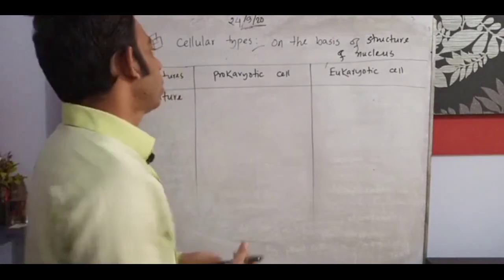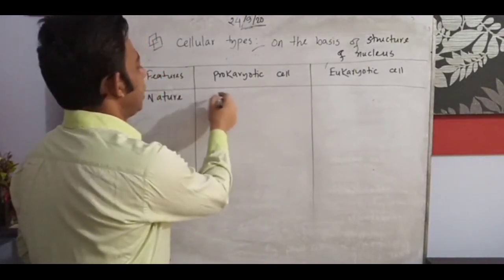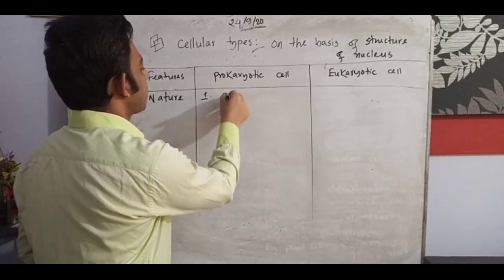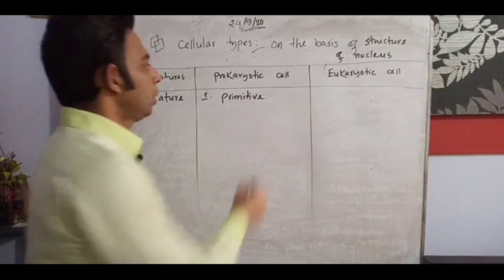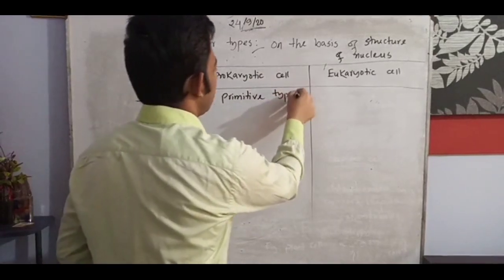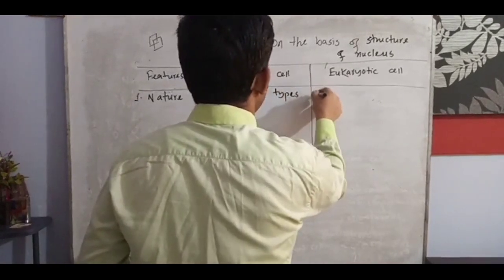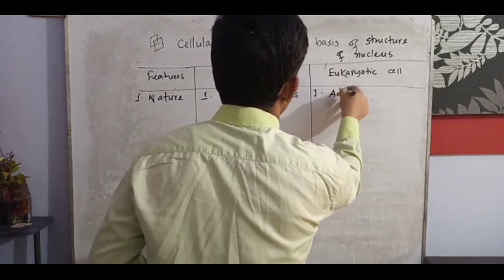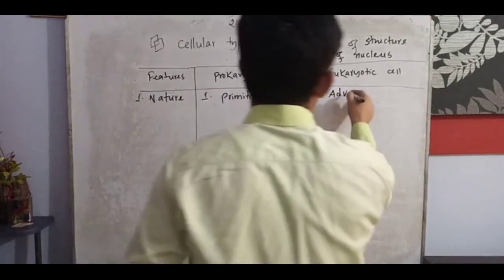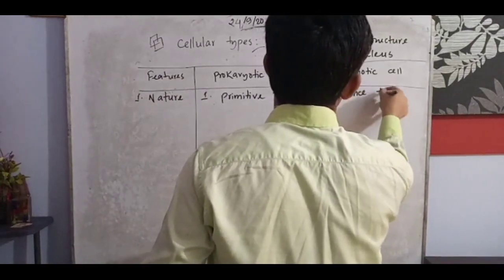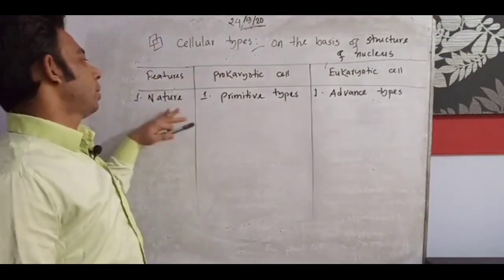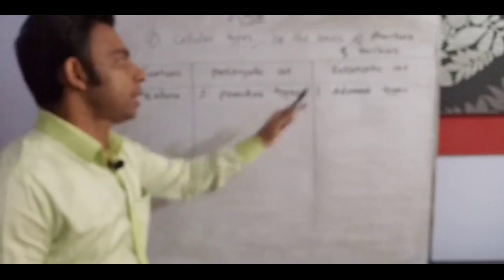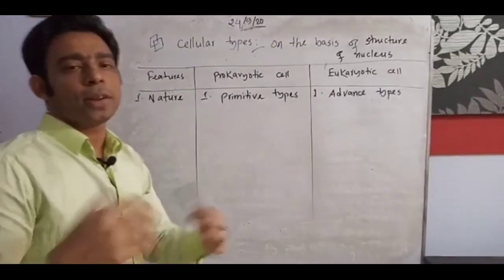So prokaryotic cells are primitive in nature, and the eukaryotic cell is the advanced type that we see nowadays.